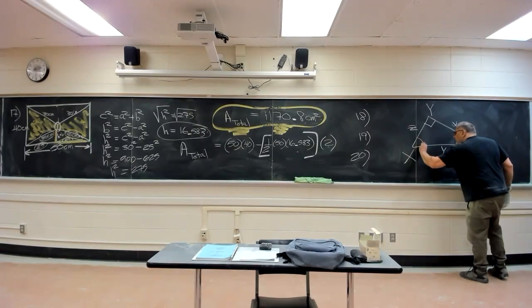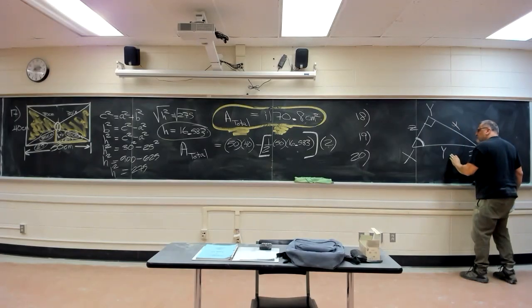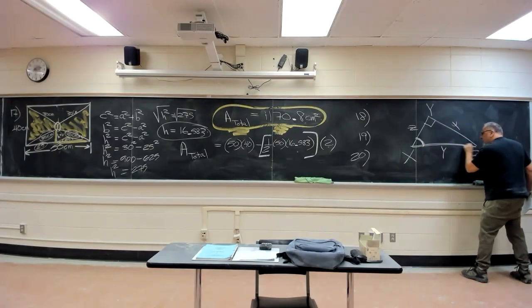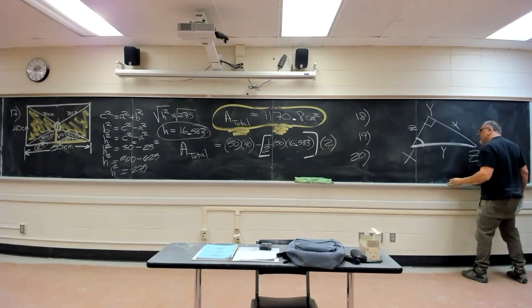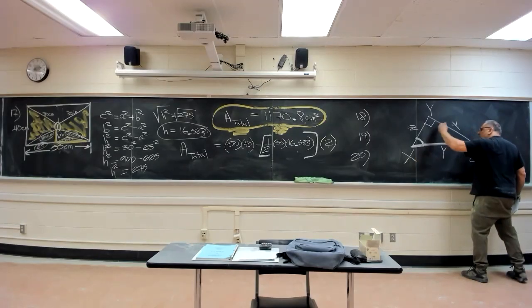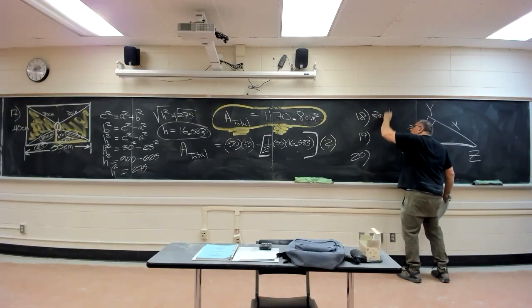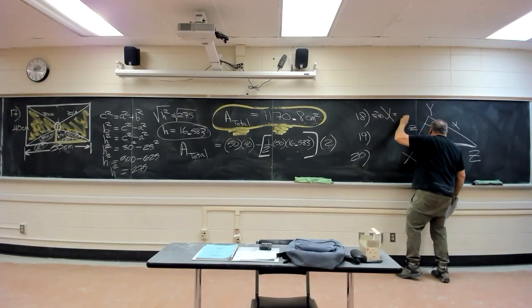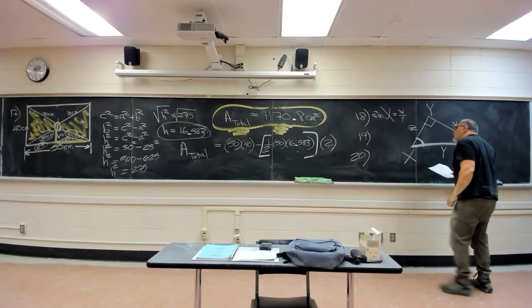The sine of big X is opposite over hypotenuse. This is the hypotenuse. That's the hypotenuse, guys. It's opposite the 90-degree angle. Sine of big X is opposite over hypotenuse.